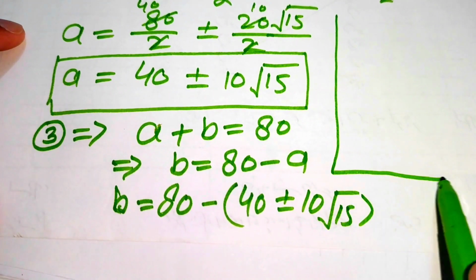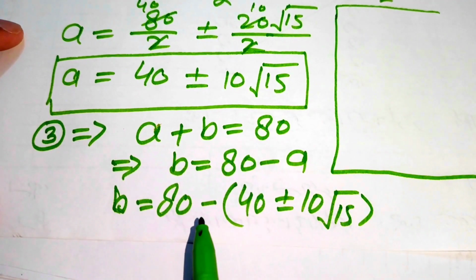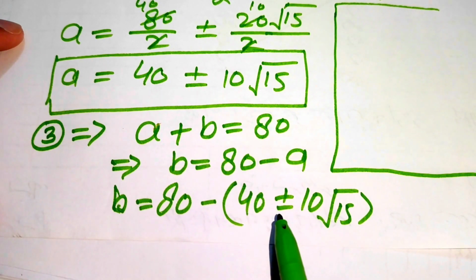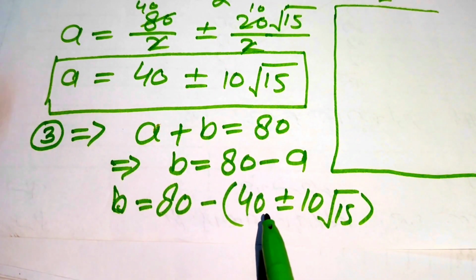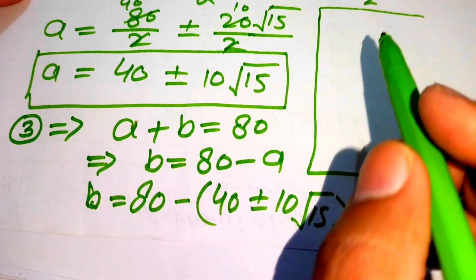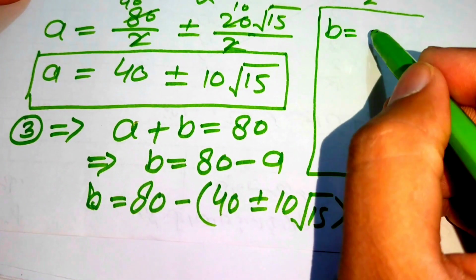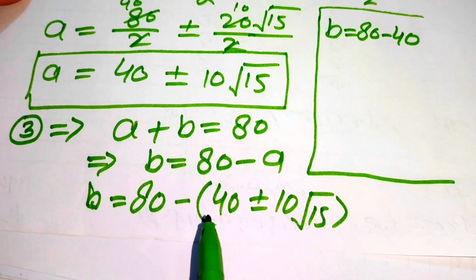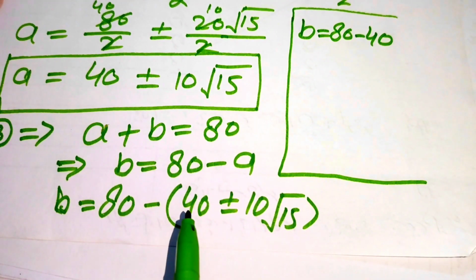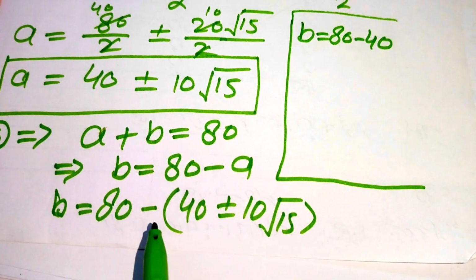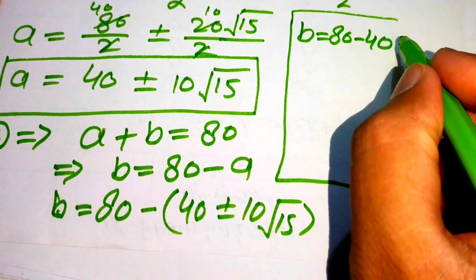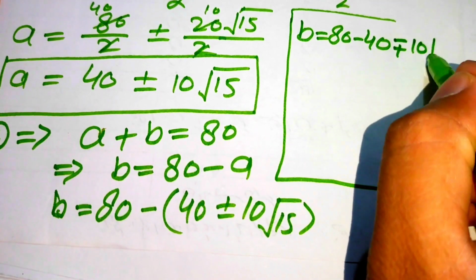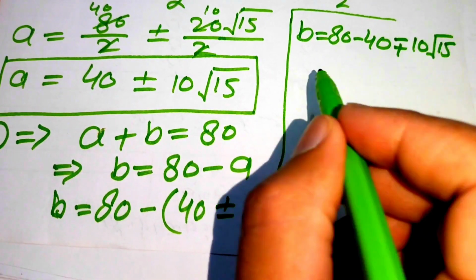Now when we multiply the minus sign on both of these terms, this plus minus becomes minus plus. It will be written as b equals 80 minus 40, because this minus multiplied by this 40 becomes minus 40, and this minus changes the signs, so we write it as minus plus 10 times square root of 15.